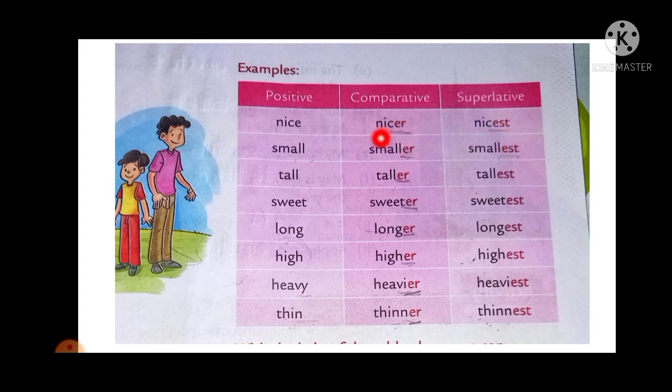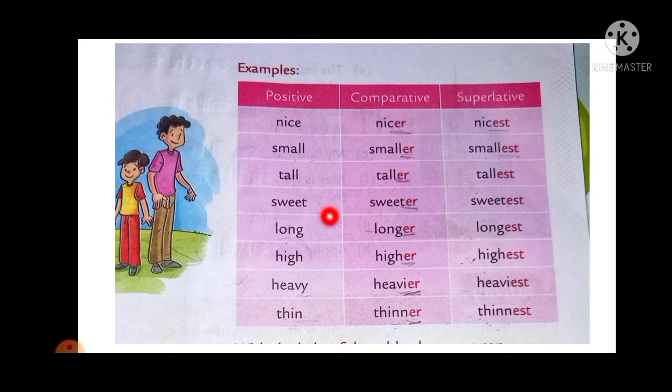So students, remember this: in comparative we have to add er and in superlative we have to add est. For small, smaller, smallest. Small will remain the same in the positive, we add er in the comparative and est in the superlative. Small, smaller, smallest. Tall, taller, tallest.